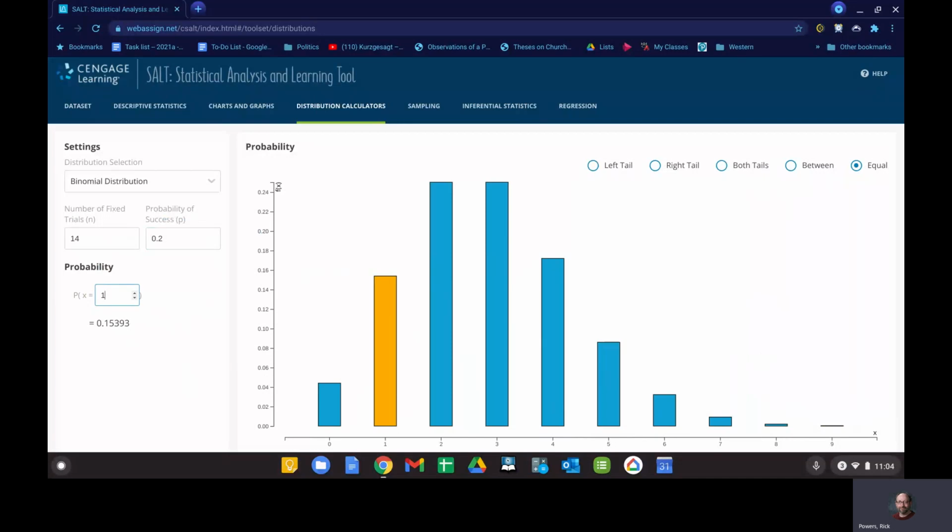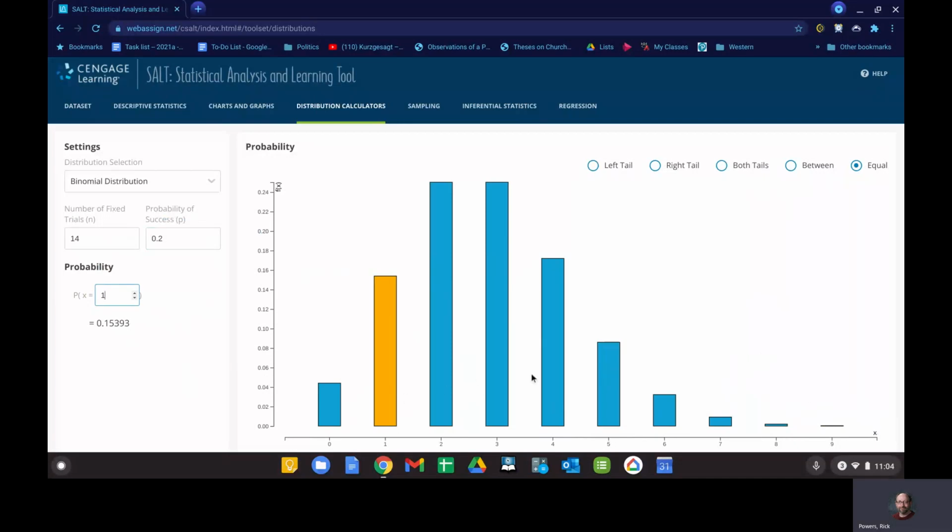Again, there's a formula telling me this. It's just like flipping coins. If you flip a bunch of coins, you don't expect them all to come out heads or all to come out tails. It's somewhere in between. Same thing is true here. I don't expect there to be 0 people healthy necessarily. And I certainly wouldn't expect all of them to be healthy because it's only a 20% chance.